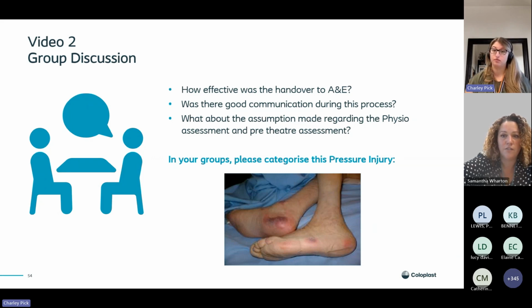It's not clear if duty of candour was undertaken, because obviously she had sustained damage within that hospital stay. Was duty of candour completed? Serious training issues in the department. Was the family aware of the pressure ulcers or the failings? And then someone said something about an answer phone message.